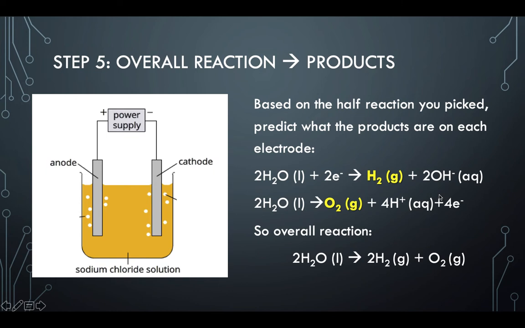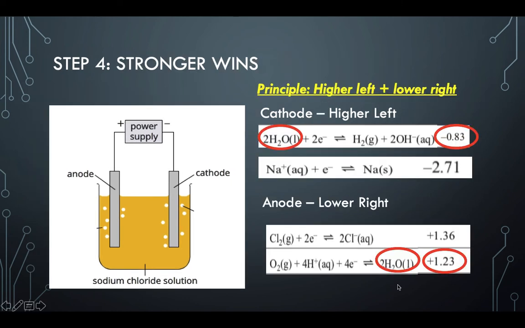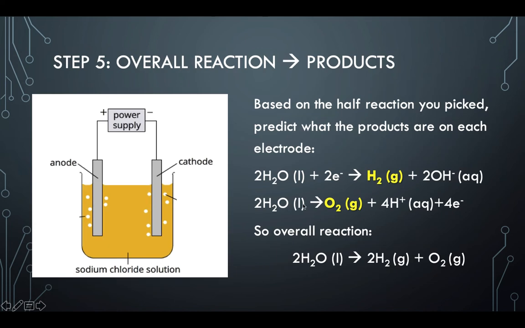But when you are writing your overall reaction, the bottom right reaction is written as a backward reaction on your electrochemical series. But in the interest of you writing that overall reaction, you're going to flip that bottom right reaction into a forward reaction. So you have electrons on the left-hand side for the reduction half equation, and electrons on the right-hand side for the oxidation half reaction.